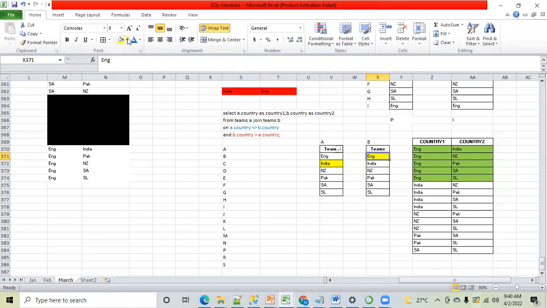Now I will explain how this condition will help us. Actually, why I have given this condition, try to understand. For England, we have covered all the combinations: England with India, England with New Zealand, England with Pakistan, South Africa, Sri Lanka. This is done.